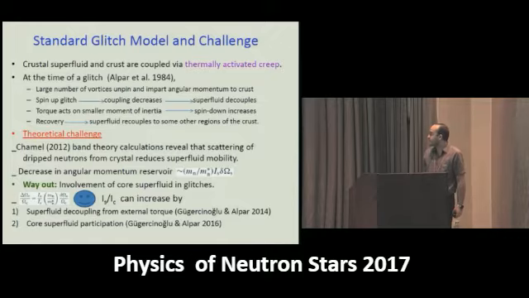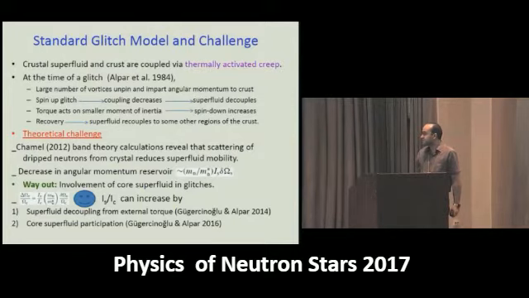Here Mn is the bare neutron mass, and M star n is the effective mass of neutrons. In the crust of neutron stars, M star is larger than Mn, so the angular momentum reservoir is somewhat reduced. So the way out is the involvement of the core superfluid in the glitches.